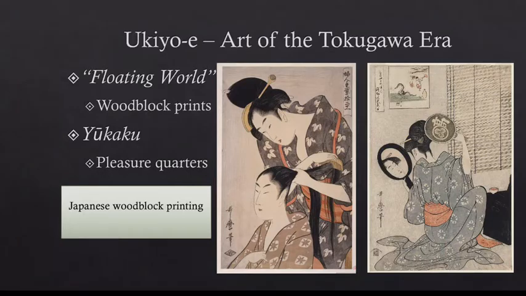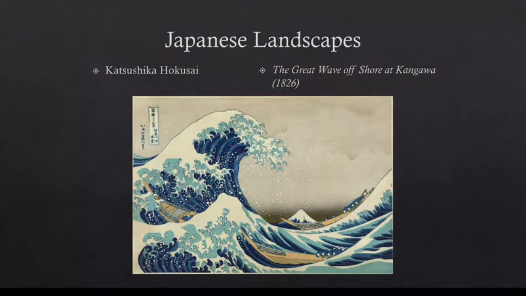This is a time where Japanese society was stagnated, and a floating world existed in Japan. This floating world consisted of places where those social stigmas and those social roles really were just removed and people could be themselves.